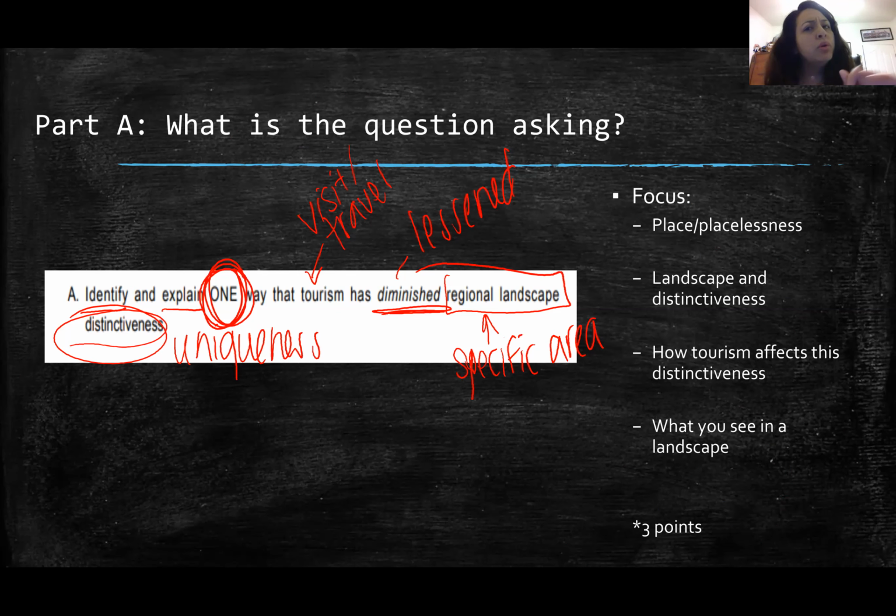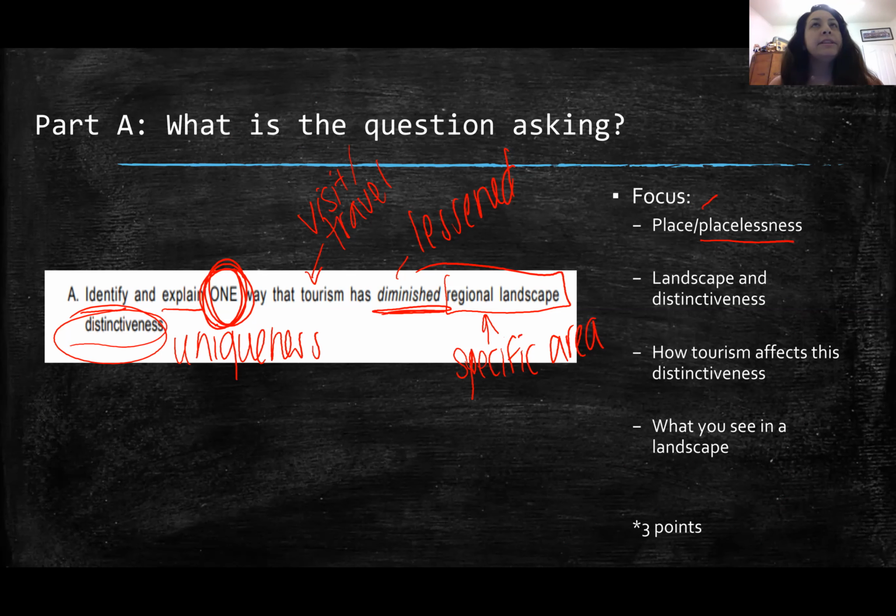So how has tourism or traveling diminished or lessened that in particular areas? Your big focuses are going to be on the place itself or the idea of placelessness. If you don't remember what placelessness is, you gotta look it up, but I'm gonna tell you anyways. Placelessness is basically where everything looks the same. It could be anywhere USA.